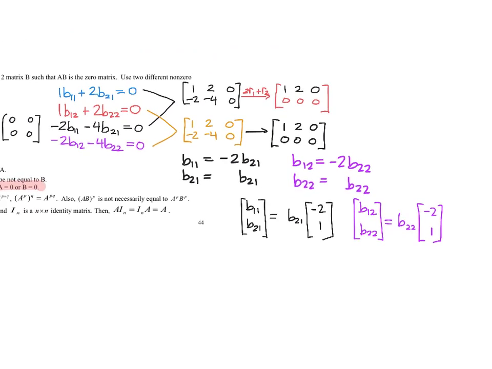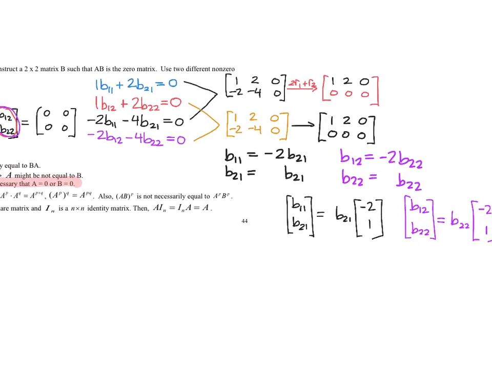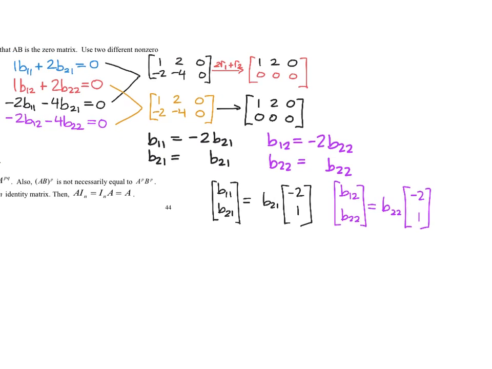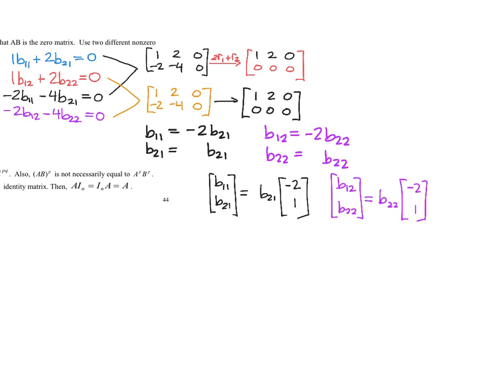All right. So what they're asking again is construct a 2 by 2 matrix such that AB is the zero matrix. What we just came up with is anything that satisfies this system is going to fulfill that requirement. They're saying use 2 different non-zero columns for B. All right, well, we got that covered. As long as B sub 2, 1 and B sub 2, 2 aren't themselves equal to 0, then we'll be in good shape.